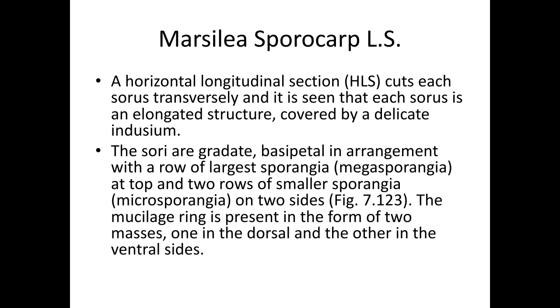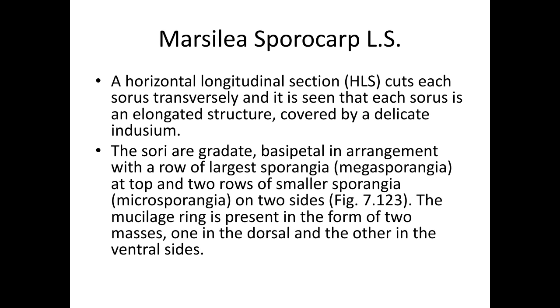Next, Marsilia sporocarp, horizontal longitudinal section, cuts each sorus transversely, and it is seen that each sorus is an elongated structure covered by delicate indusium.